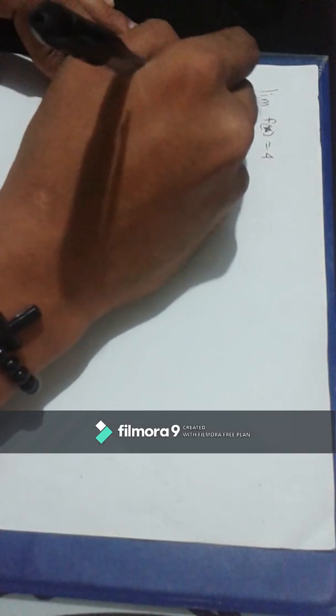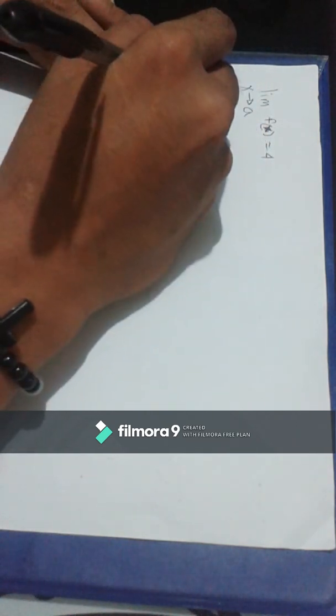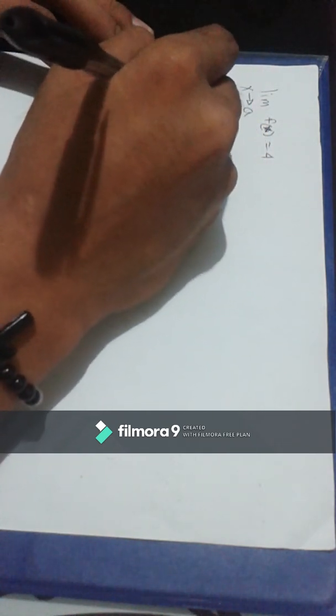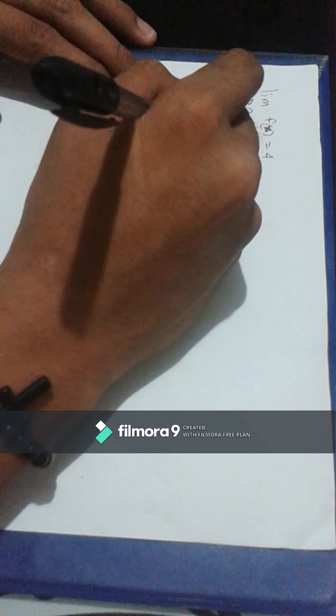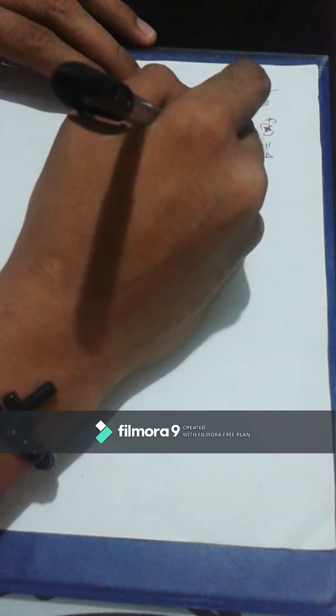So using that information, what is the limit as x approaches a of 4 times f of x?